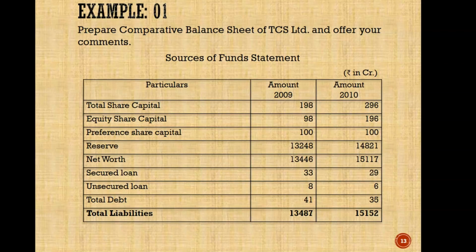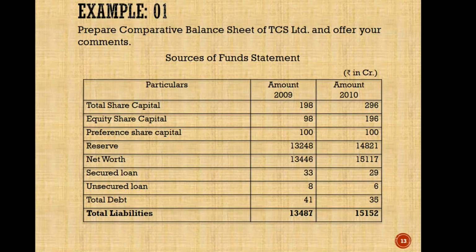If we convert it into a percentage, then it gives us an idea of by what percent the change has happened and whether that is good or bad. What must be the reason needs to be identified. So this is the data concerned with the sources of fund statement of TCS Company Limited. Here total liabilities are arrived at by adding net worth to the total debt. So net worth plus total debt is equal to total liabilities.